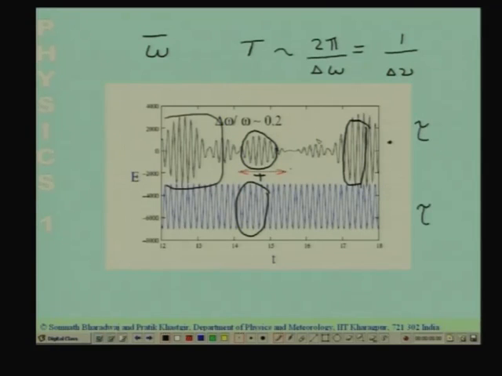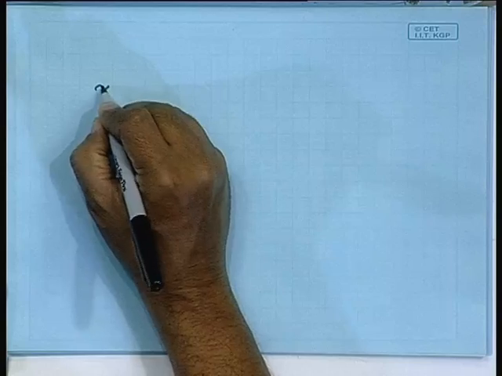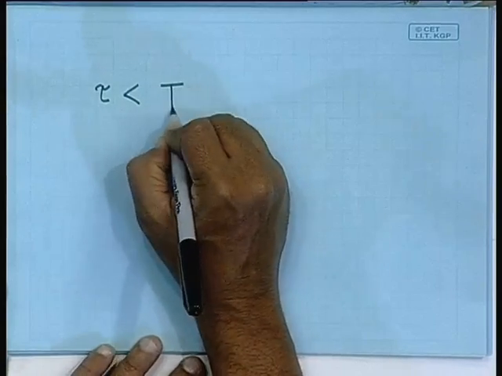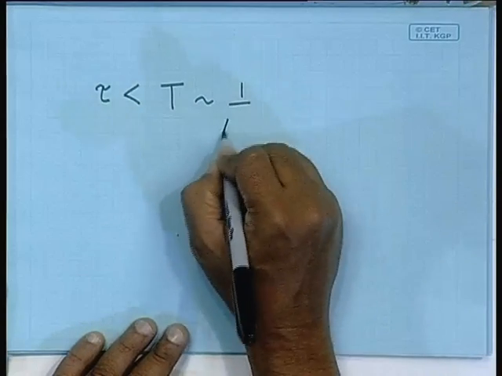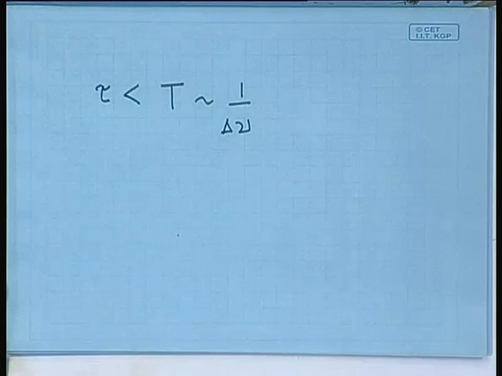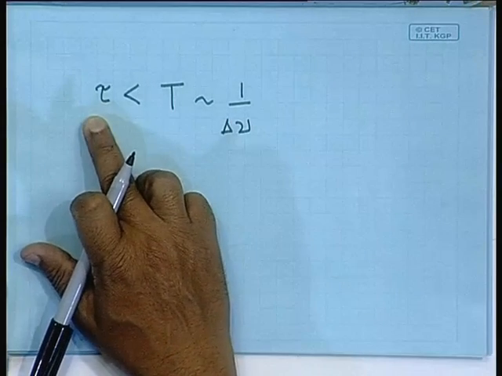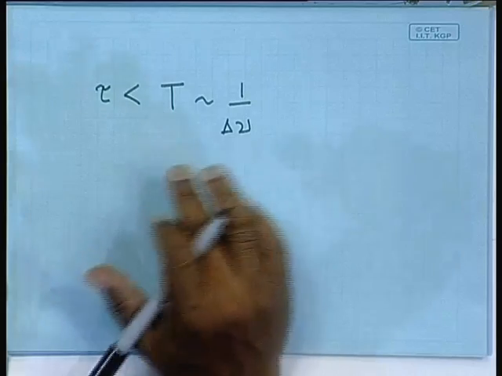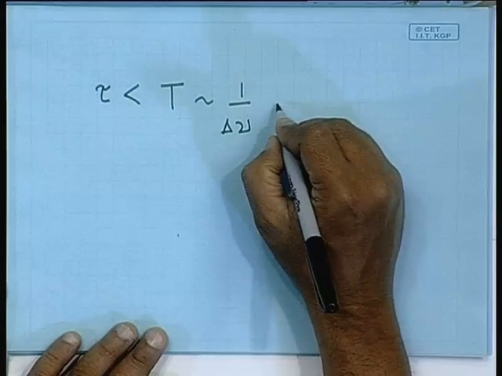From this discussion it should be clear that if I put a time delay to one of the waves such that tau is less than t, which I have told you is of the order of 1 by delta nu, that is, if the time delay between the two waves is less than the time scale on which the amplitude changes, the wave is going to be largely coherent.